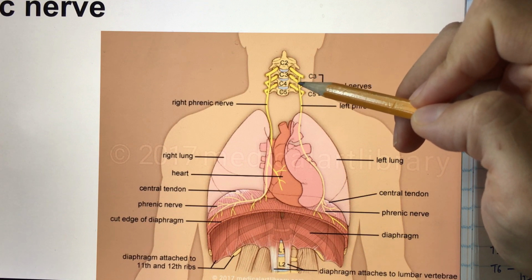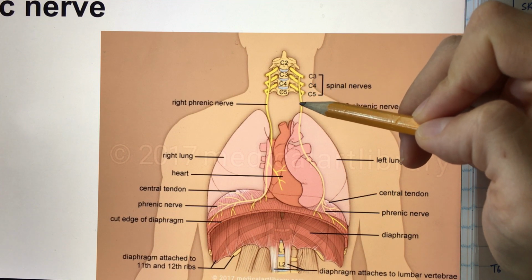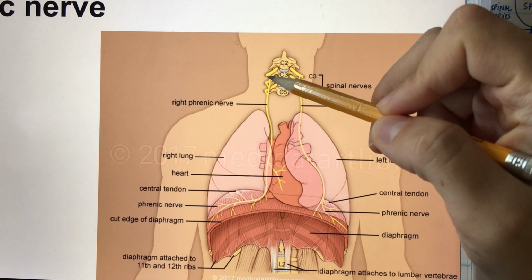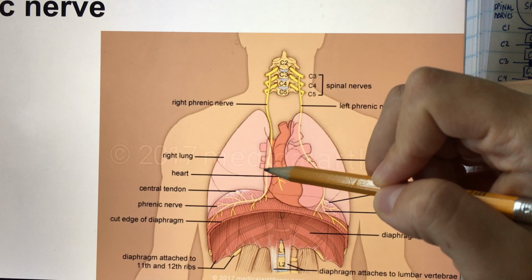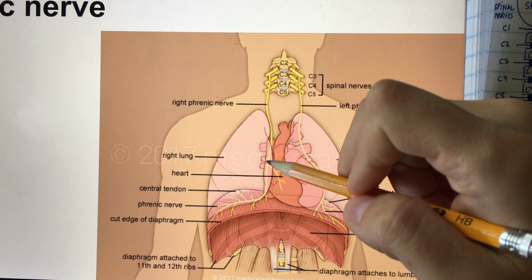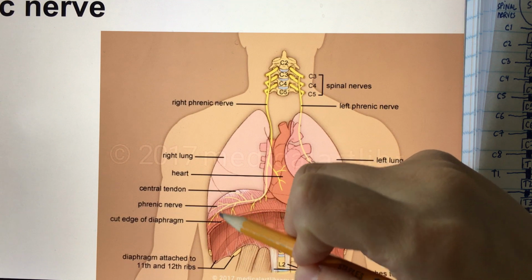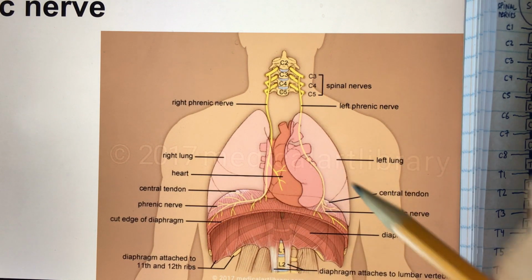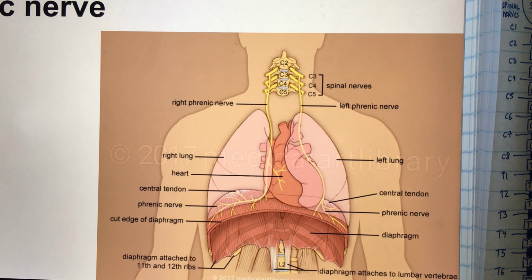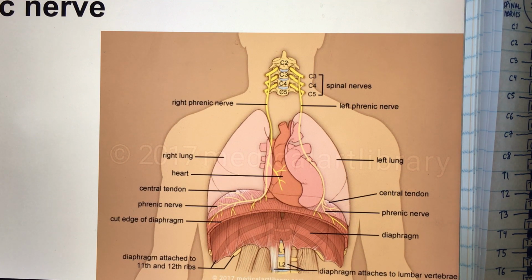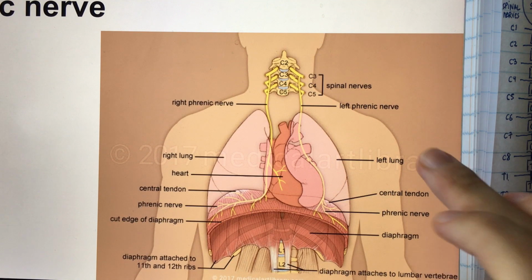And this is the phrenic nerve. It actually enters the thoracic cavity. It passes between the heart and the lungs. Of course, there's a phrenic nerve on each side of the body, passes between the heart and the lungs. And what it does is that it connects to the heart and to the diaphragm. Okay, and what this nerve does, it controls the rhythmical movement of the diaphragm when we're breathing. So this is a breathing nerve, and it's 100% essential for the sustenance of life.